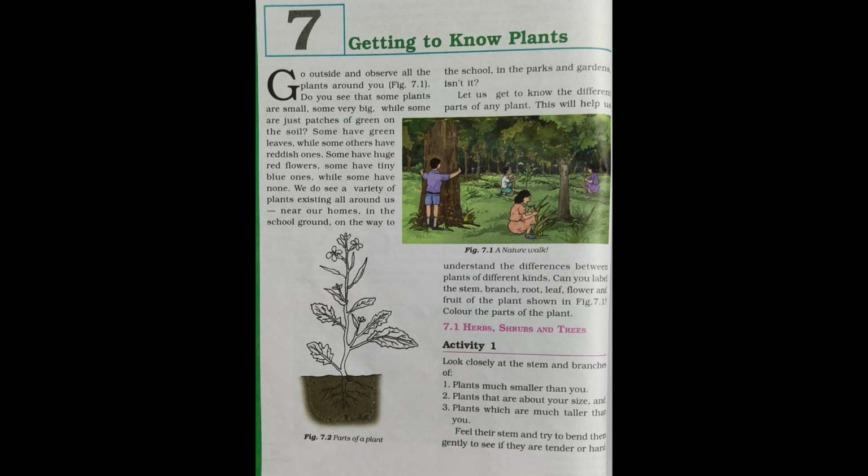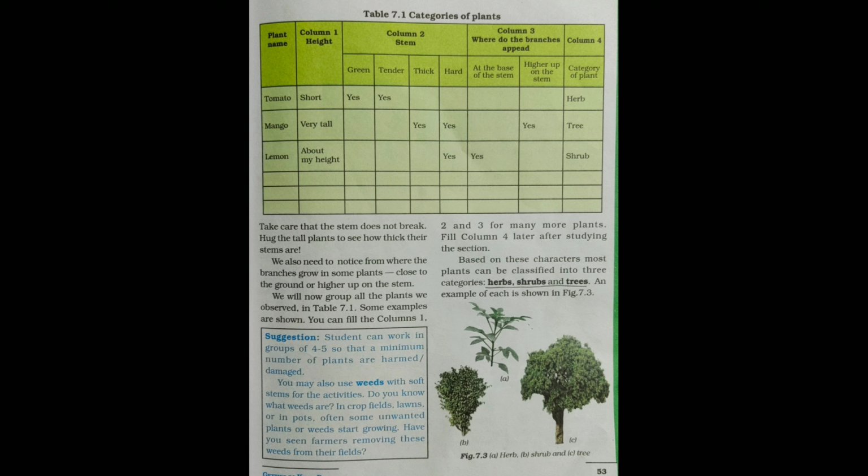First I will start from the beginning, which is on page number 52 of your book, Getting to Know Plants. Go outside and observe all the plants around you. Do you see that some plants are small, some are big, while some are just patches of green on the soil?